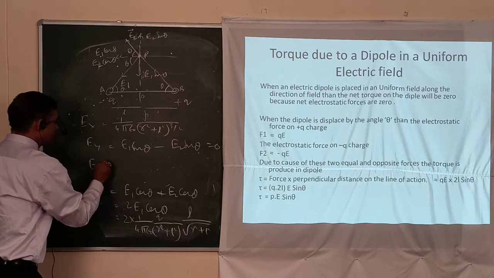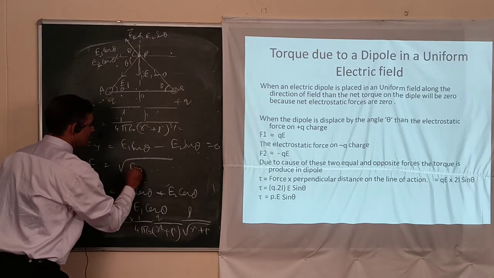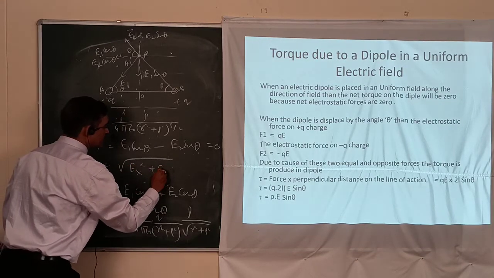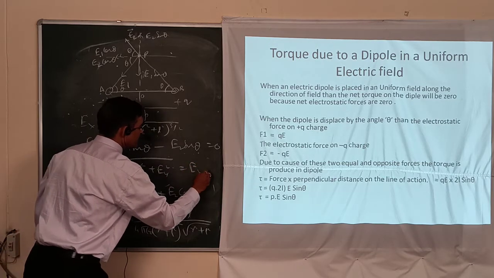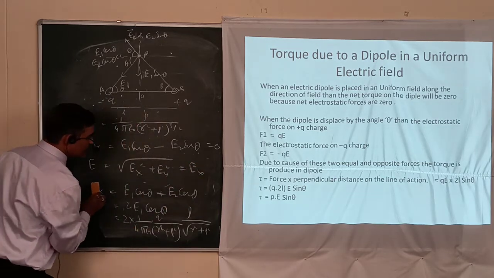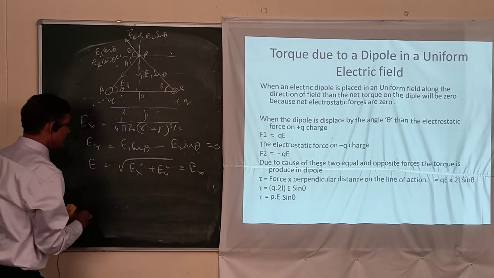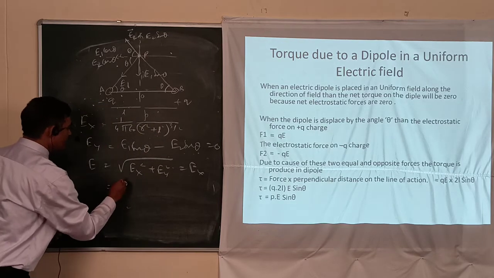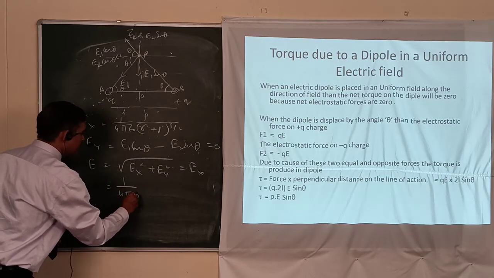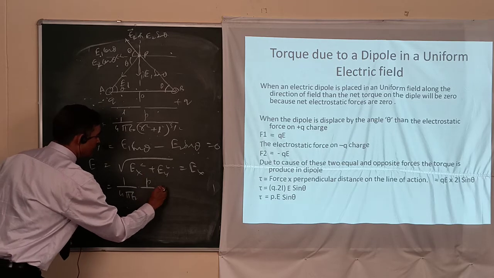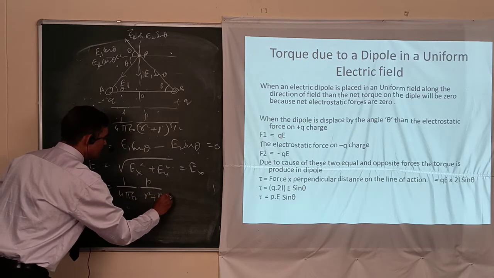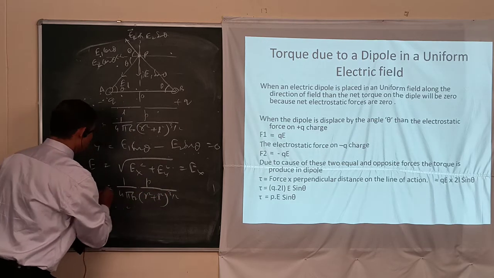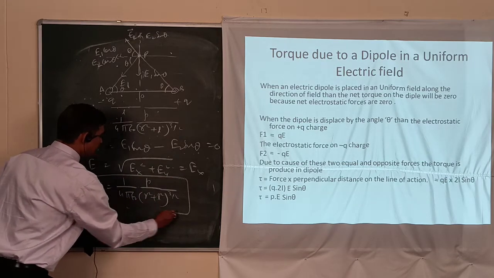So the net electric field will be given by under root Ex square plus Ey square, that is only Ex because Ey becomes 0. So the net electric field will be equal to Ex, and the value of Ex is 1 upon 4 pi epsilon naught P upon (R square plus L square) whole power 3 by 2, and that is the magnitude of the electric field.